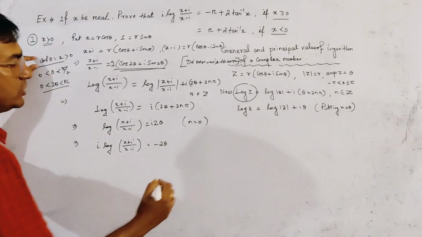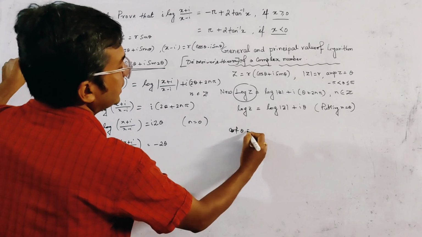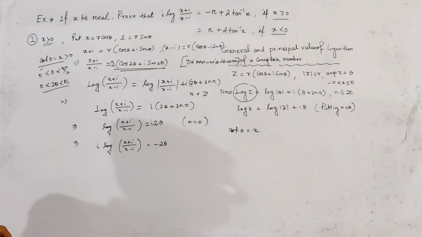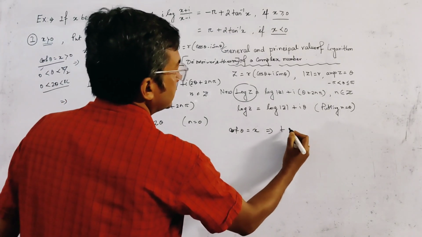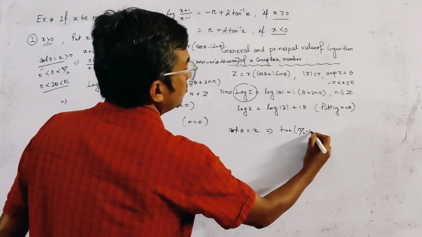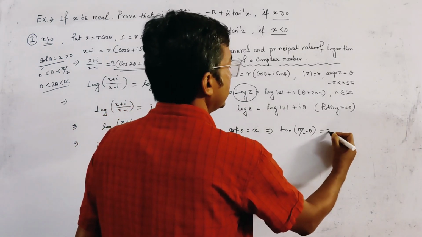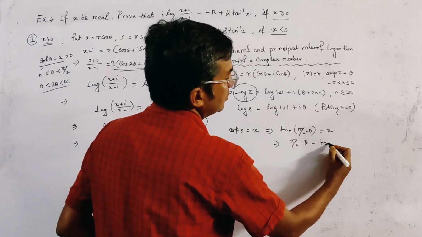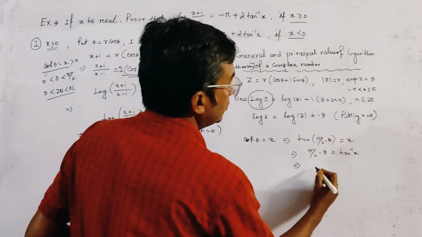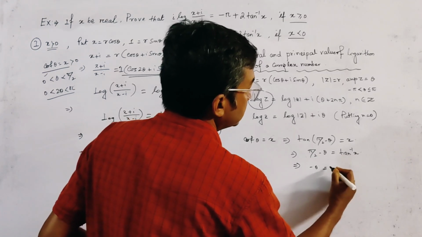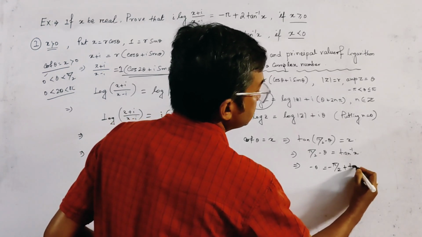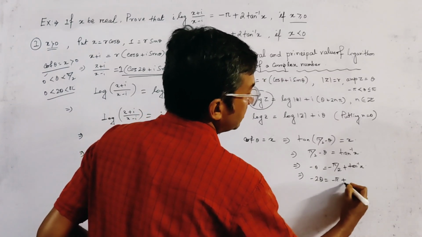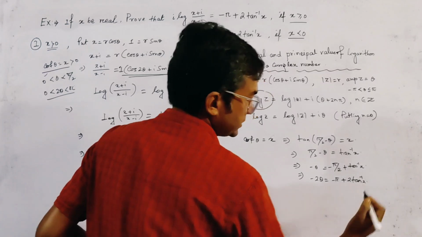Now from this relation we get cot θ equal to x, and this gives tan(π/2 − θ) equal to x. That is, π/2 − θ equals tan⁻¹x, and so −θ equals −π/2 + tan⁻¹x. Getting −2θ, this is equal to −π + 2 tan⁻¹x.